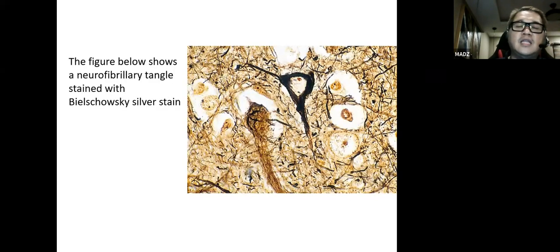And then, as we've mentioned before, in patients with dementia you also see neurofibrillary tangles, usually stained by Bielschowsky silver stain. This is how it looks like. This is your neurofibrillary tangle. This is neuritic plaques. This is a neurofibrillary tangle.